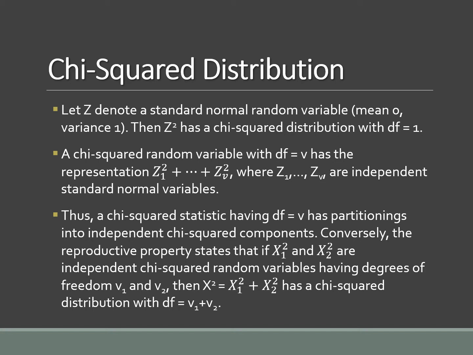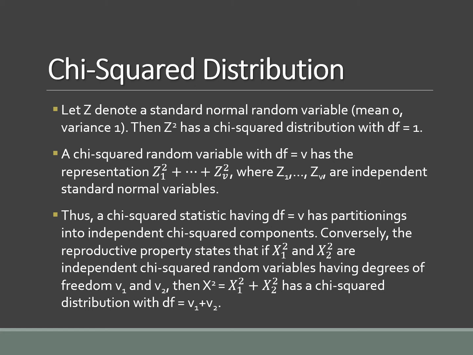So if we square that random variable, we will have Z squared, and it follows a chi-square distribution with 1 degree of freedom. So remember that if you square a random variable of the form of a standard normal, you would have a chi-square random variable with df equal to 1.